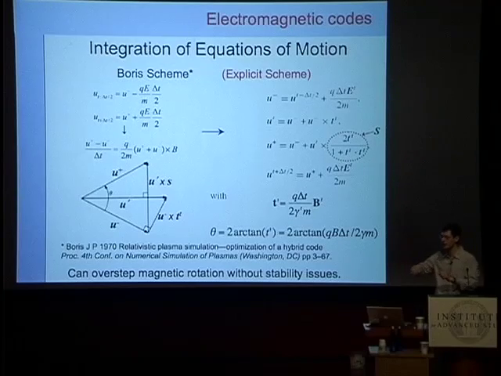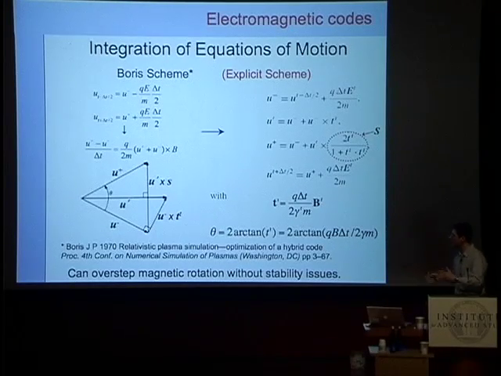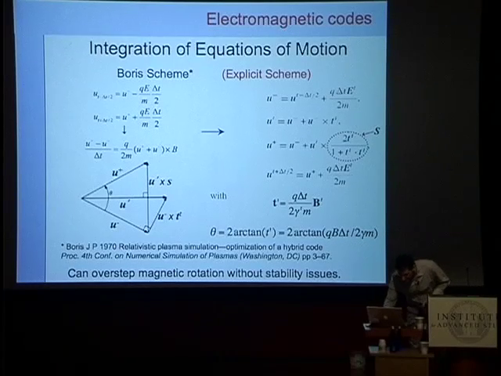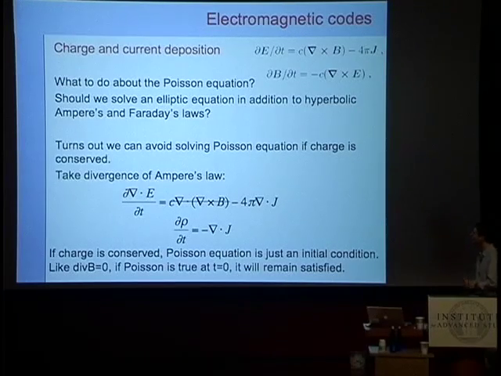So it just jumps around the magnetic field. It doesn't quite resolve the Larmor radius, but it basically still does sort of the right thing. It keeps gyrating around the magnetic field. Okay, so that's how we do the motion of the particles.